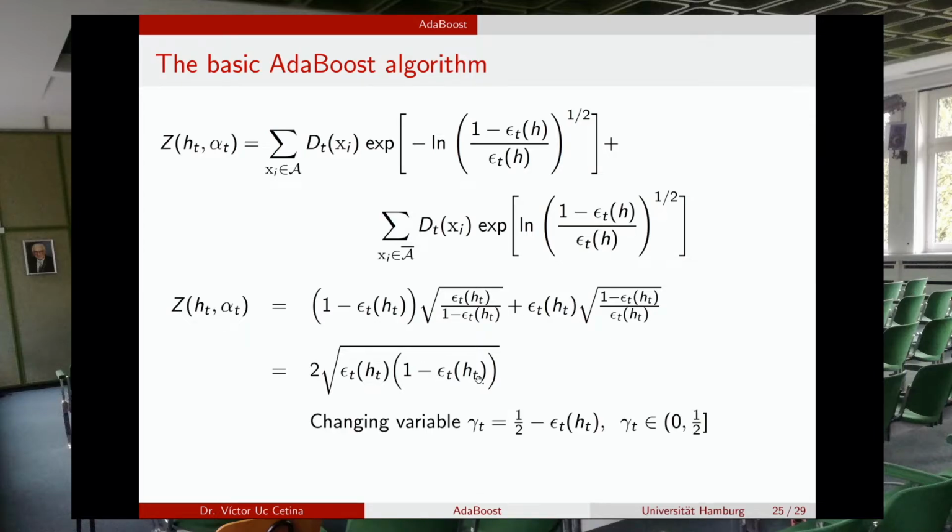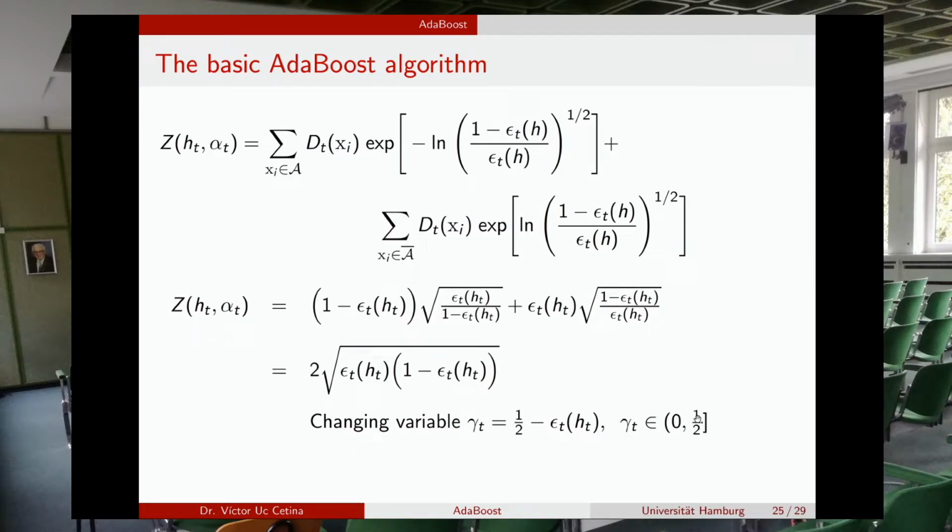We are going to now introduce another variable that we are going to call gamma. Gamma is going to be defined as 1/2 minus epsilon. This is for a specific weak classifier t. And we can see that this gamma can take values in this interval. So if the error of our weak classifier h_t is 0, then 1/2 minus 0 will be 1/2. So that's the maximum value that gamma can take.